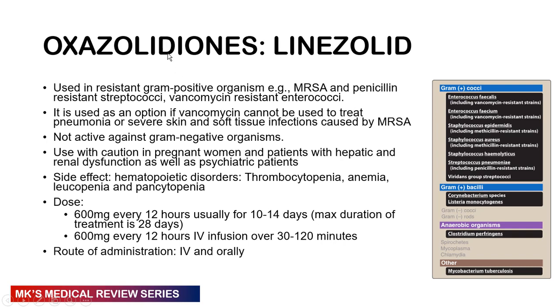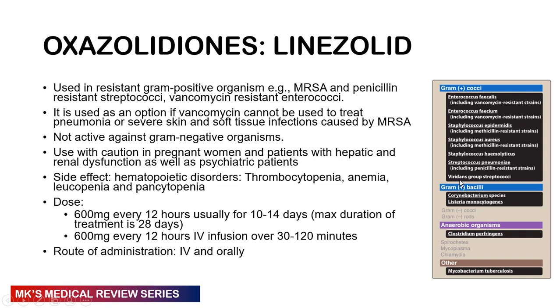So this covers against some gram-positive cocci like Enterococcus faecalis, including those that are vancomycin resistant, Enterococcus faecium, including those that are vancomycin resistant strains, Staphylococcus epidermidis, Staphylococcus aureus, including those that are methicillin resistant strains, Staphylococcus haemolyticus, Streptococcus pneumoniae, viridans.